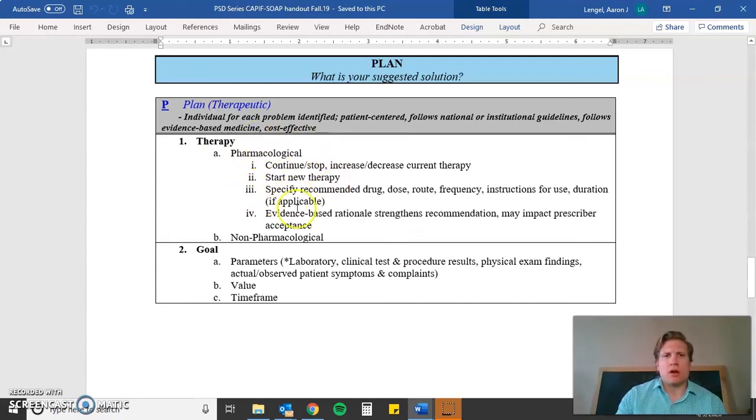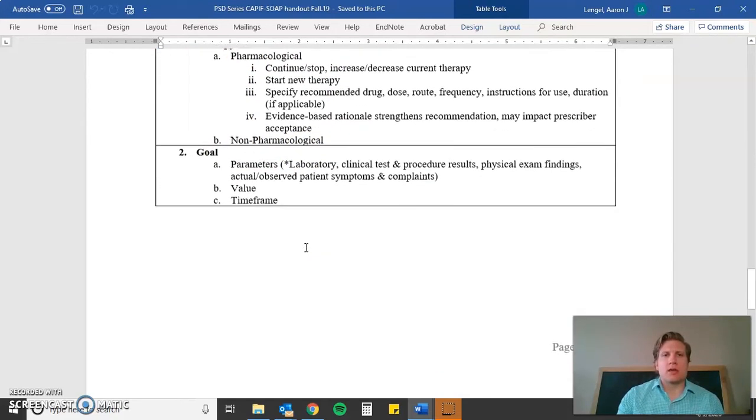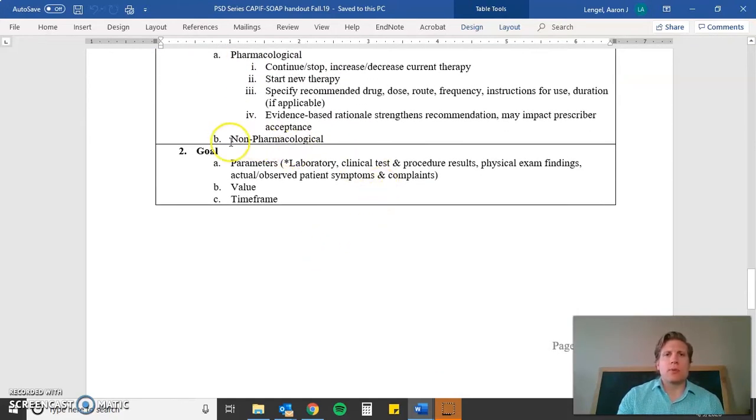Most of you aren't necessarily having trouble with picking a therapy, so that's good. I think people are probably losing points with regard to your plan more in the goal. So being specific, not just with like, okay, we want to get this under control, but what are the specific lab values, what are those numbers, where do we want to see?